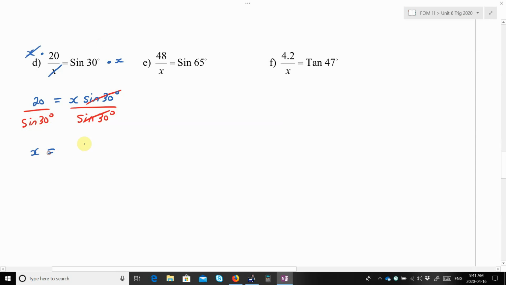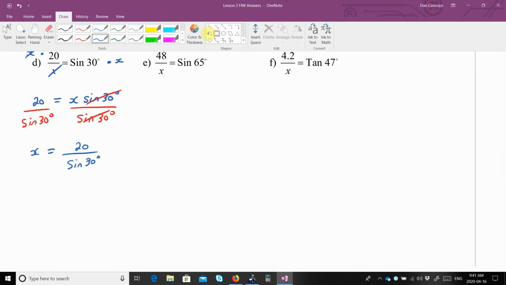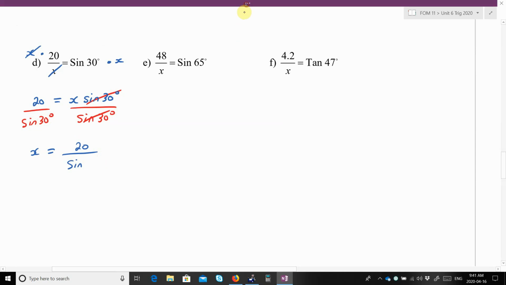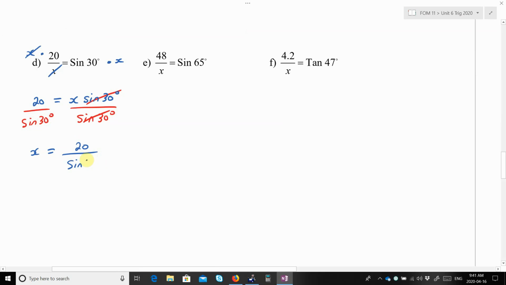And then you can see that x is equal to 20 divided by sine 30 degrees. Remember it started as 20 divided by x equals sine 30, and now x is equal to 20 divided by sine 30.